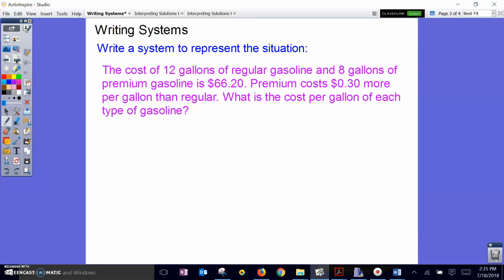And so those are going to be our two variables. So I'll let X be the cost, or the price, per gallon for regular. And I'll let Y be the cost per gallon, or the price per gallon, for premium.